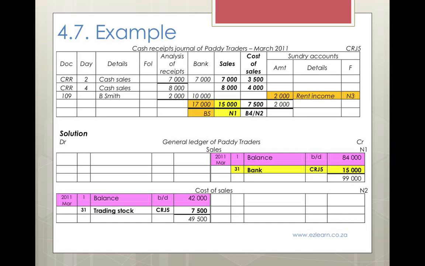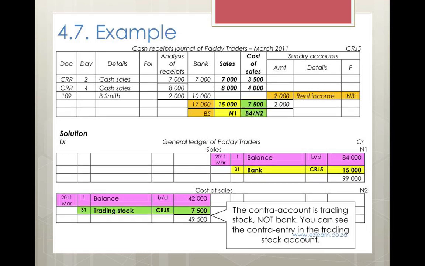Rent income here went to account N3, bank to B5, and over here you can clearly see sales is the account N1, and so you show that in the journal to show where the information went to, in the same way that in the ledger you showed where it came from with your journal folio reference.